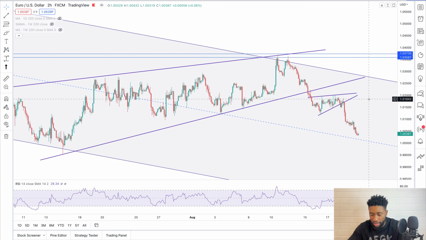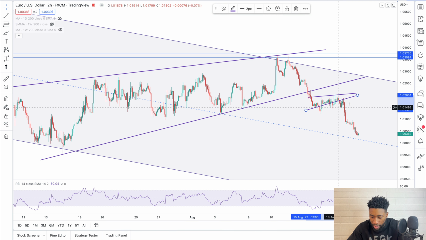Now I usually teach my followers that chart patterns are not meant to break in a specific direction. When people see an ascending triangle, they expect the breakout to happen above, breaking the resistance level, so you get a bullish move. When people see a descending triangle, something like this, they feel, oh, it's a descending triangle, so it's meant to give us a bearish breakout.